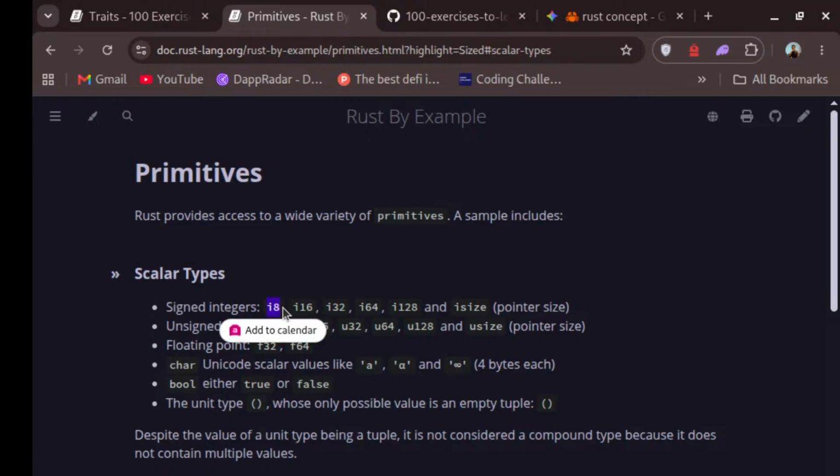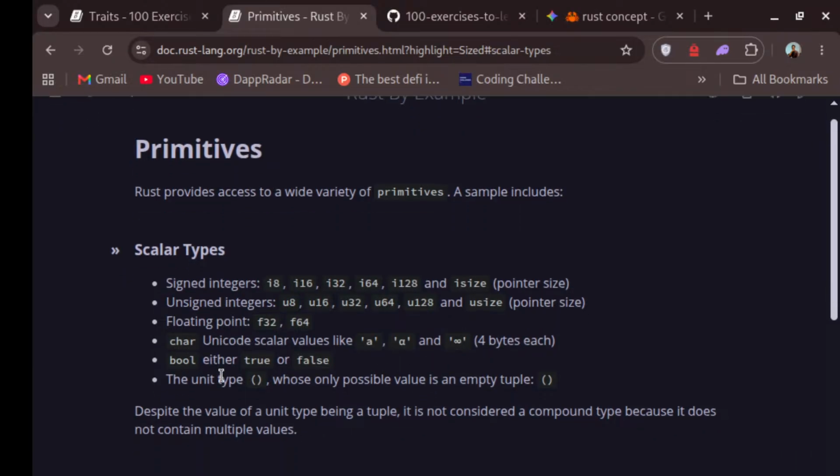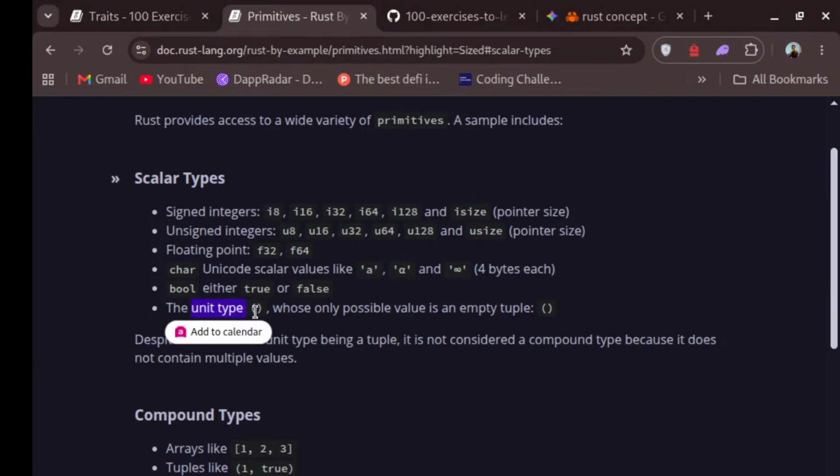We know this: signed integer, unsigned integer, floating point, character, boolean, and the unit type. That means the only possible value is an empty tuple.